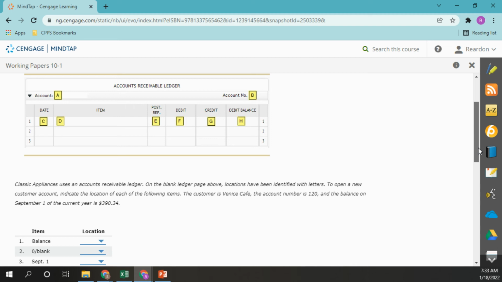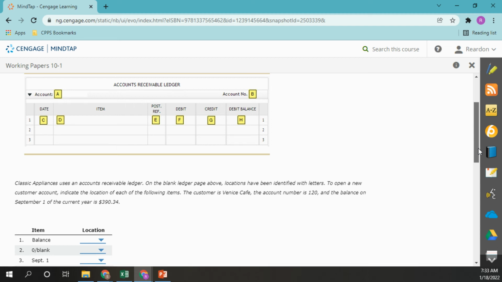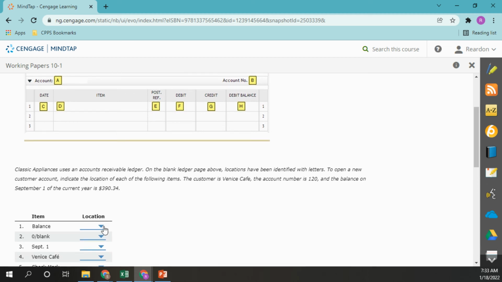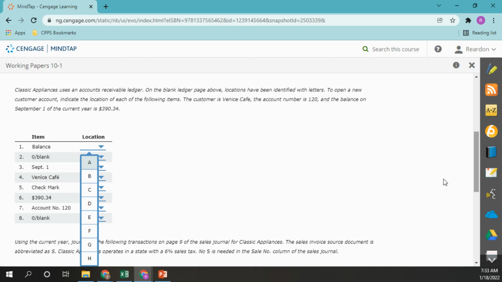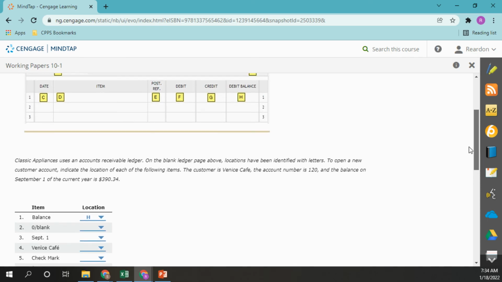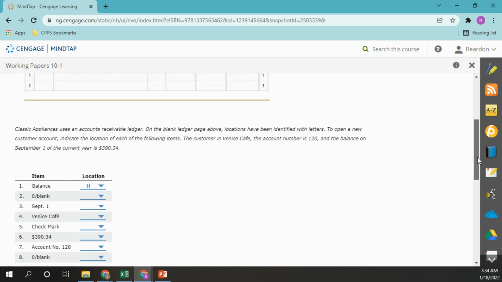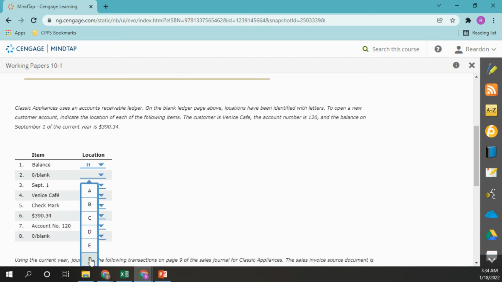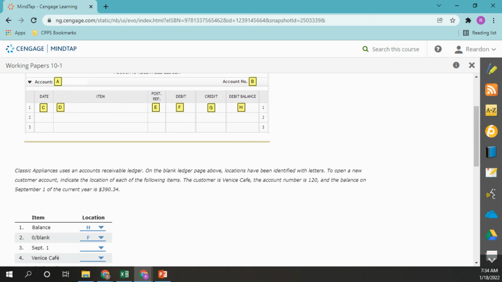So I'm setting up an Accounts Receivable Ledger page. Where's my balance going to be? Over here in H. Well, my debit, I'm not going to have anything in my debit column to start out with. Excuse me, it's the word balance.